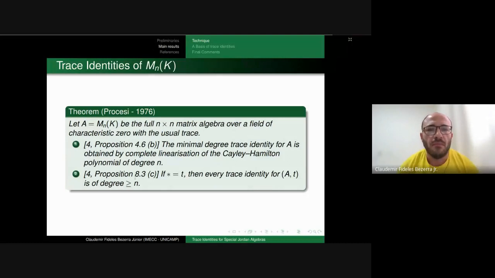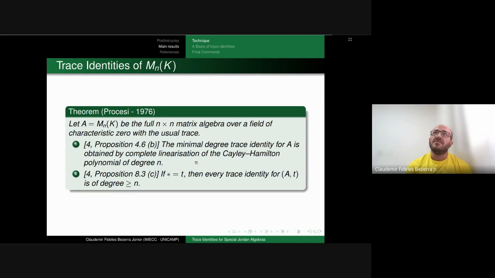Okay. In 1976, Procesi proved this result. When we consider the matrix algebra over a field of characteristic 0 with the usual trace, the minimum degree of the trace identity for the matrix algebra is obtained by complete linearization of the Cayley-Hamilton polynomial of degree n.